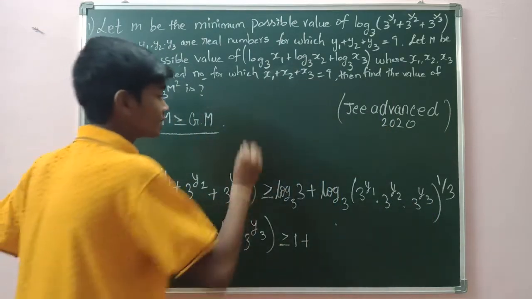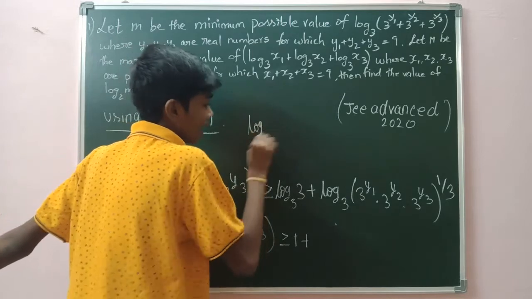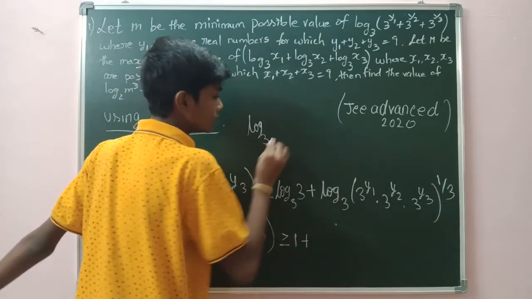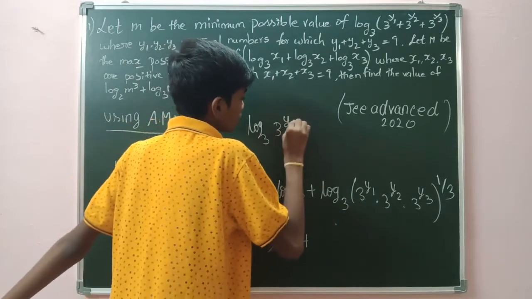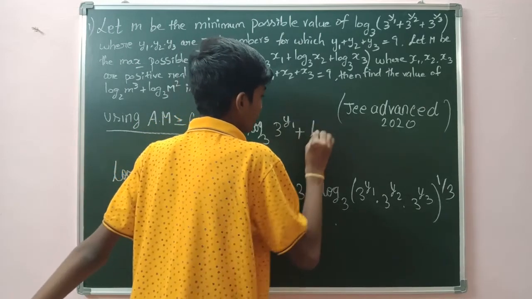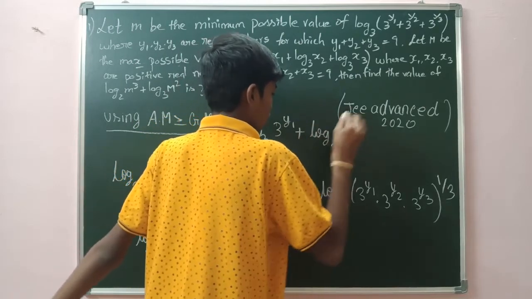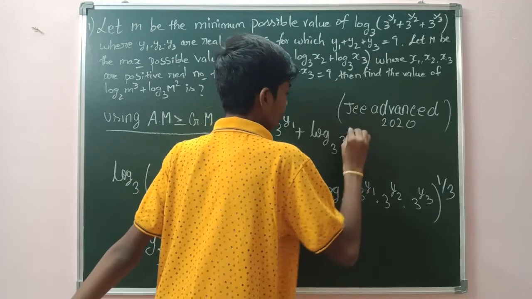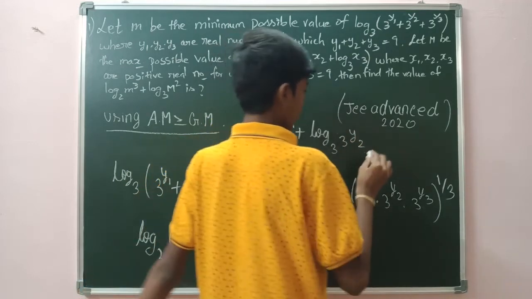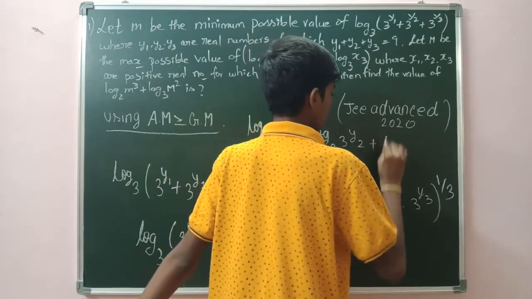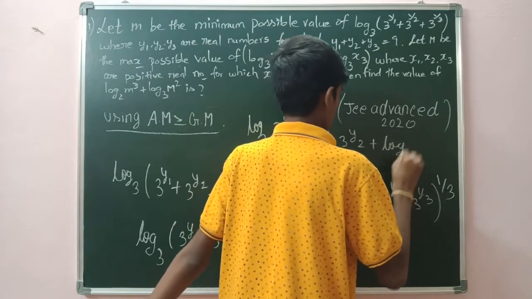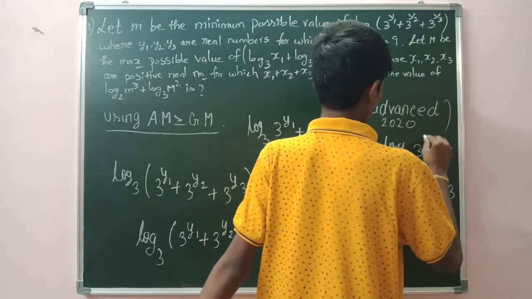Can't I write that? Listen carefully. I can write the same expression as log to the base 3 of 3 power y1 plus log to the base 3 of 3 power y2 plus log to the base 3 of 3 power y3. Correct now?